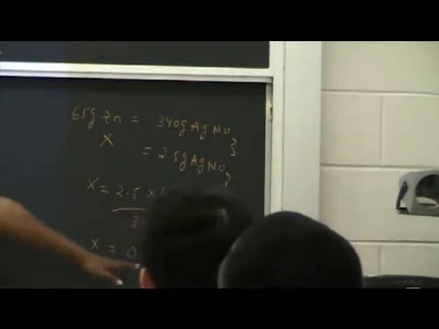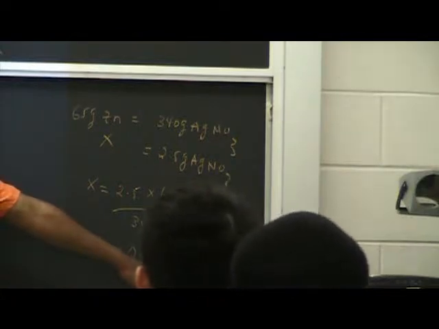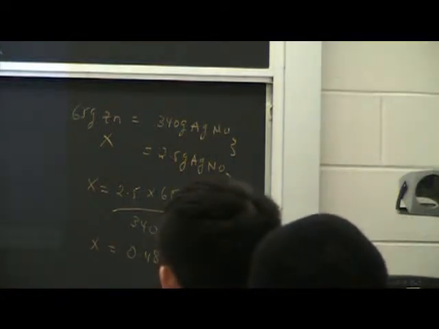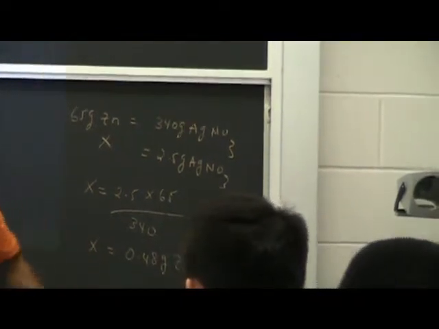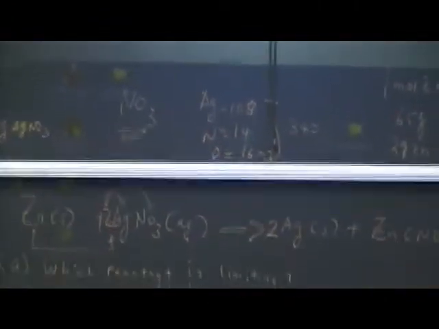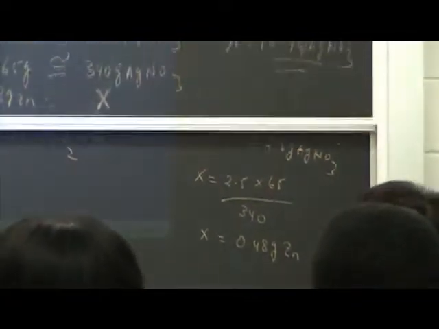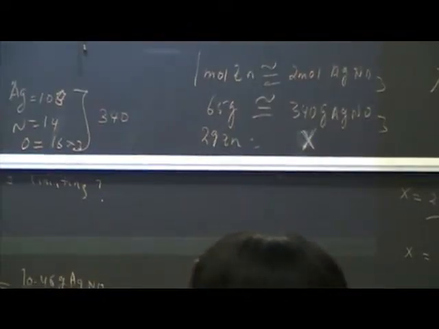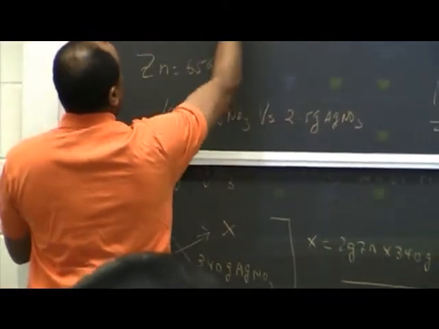We have 0.48 grams of zinc. Now, I want you to compare this value, 0.48 grams of zinc, with the given value, 2 grams of zinc, and tell me what you think. Compare the 2 grams of zinc versus 0.48 grams of zinc.